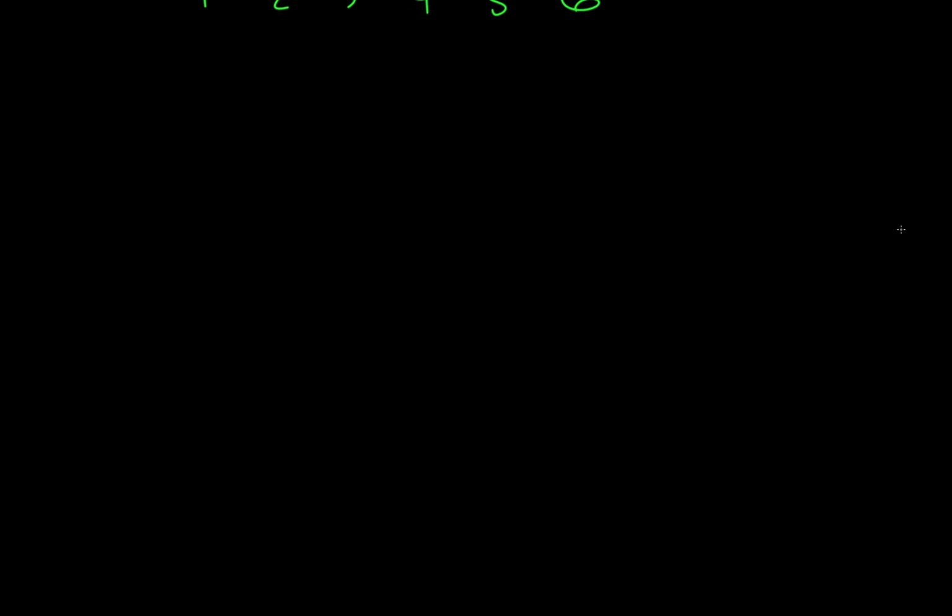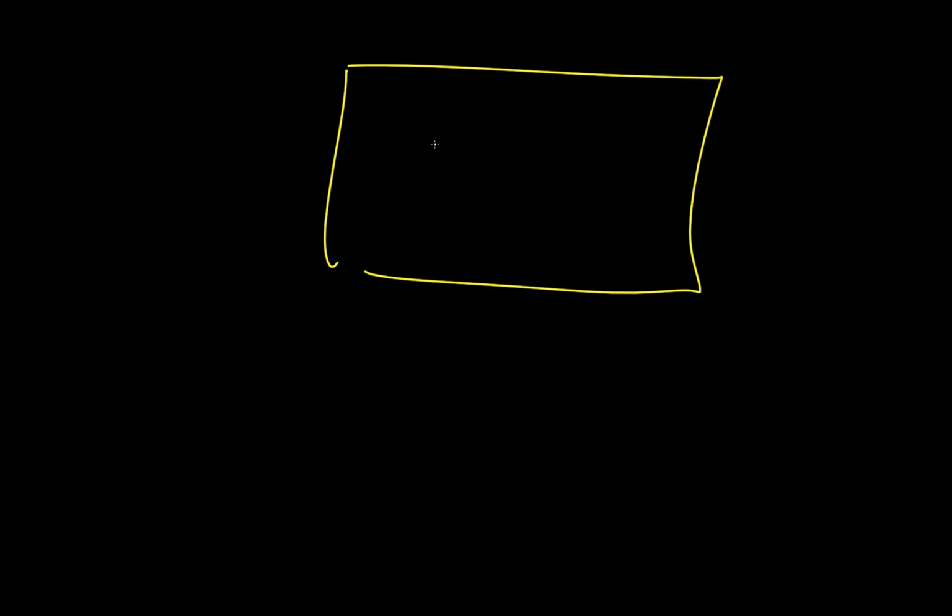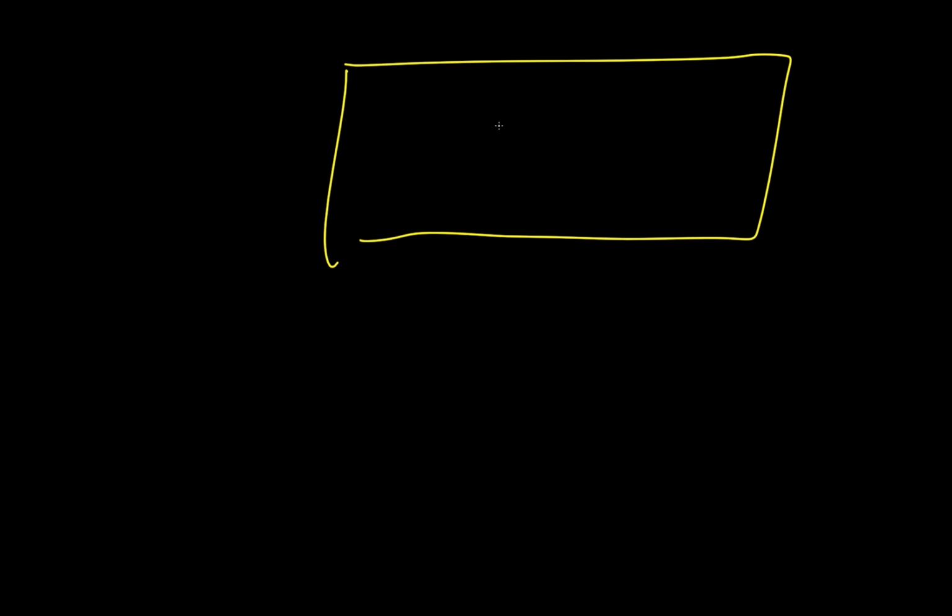Okay, now example 10, which I think is the last one. Let's see. Nope, it's not. We have 2 more. Okay, so example 10. In the Venn diagram, so let's draw this. It's not very good. Okay. Draw the Venn diagram.